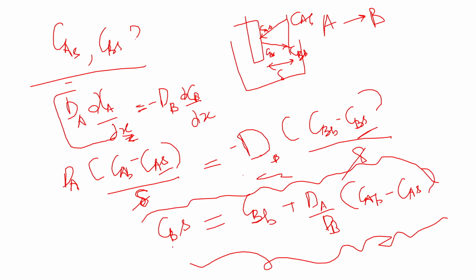Here now CBS is in terms of CAS, so again there is one more unknown. I have to solve for one of them. So how will I do that? The flux dA into dou CA by dou x equal to minus dB into dou CB by dou x has one more term.